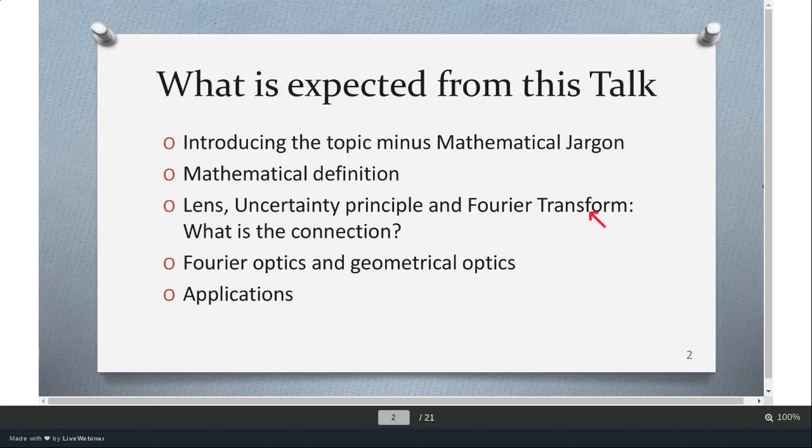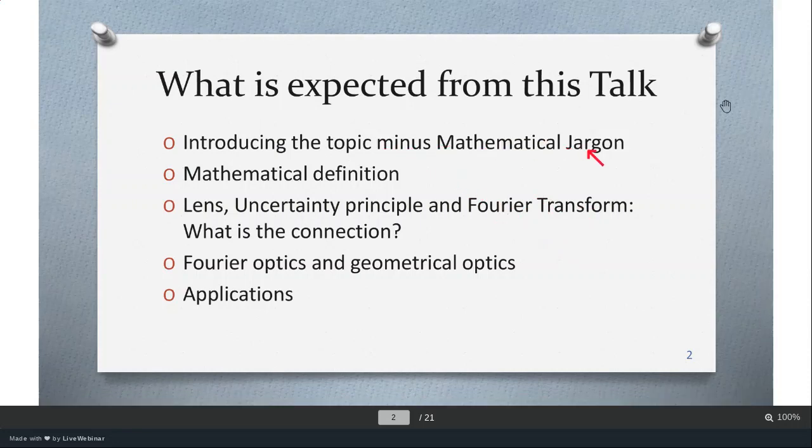What is expected from this talk? I will introduce the topic minus any mathematical jargon, though of course I will reveal the mathematical definition. Then there is a very important connection between the simple lens, the uncertainty principle in quantum mechanics, and the Fourier transform.